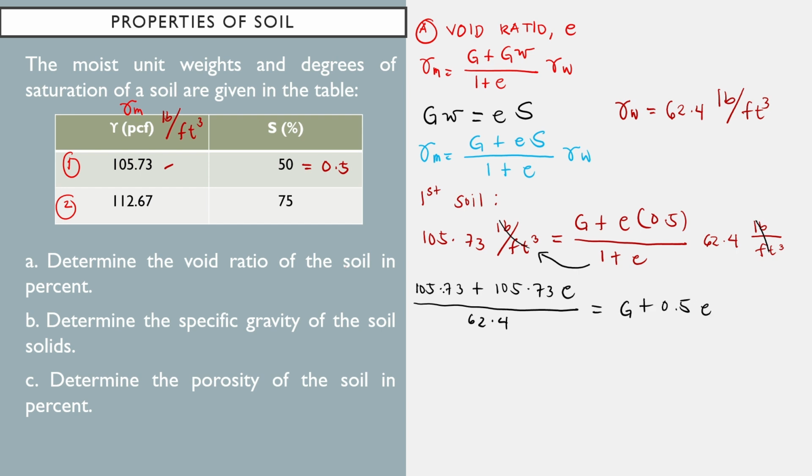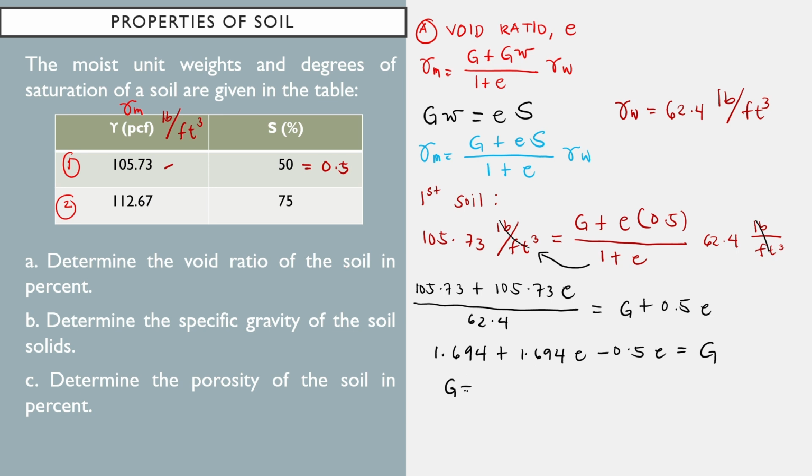So, i-divide natin 105.73 divided by 62.4, so that is 1.694 plus 1.694 e is equal to, ilipat na lang natin sa kabila, minus 0.5 e, and then is equal to G or the specific gravity na lang. Ayan, simplify pa natin.